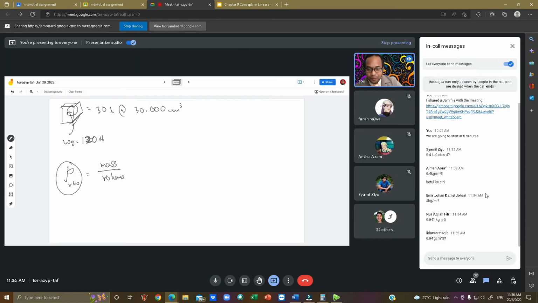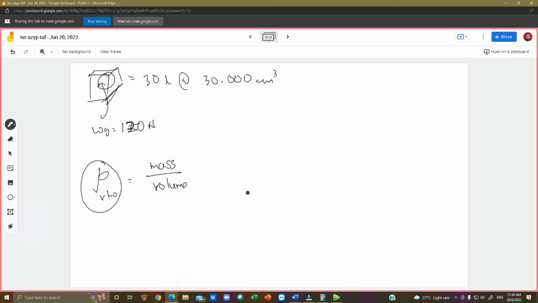So jom kita tengok kalau kita convert dia ke beberapa nilai. Okay, so we have weight 120 Newton. This one need to be changed to kg first. We need to change this weight to mass dulu.